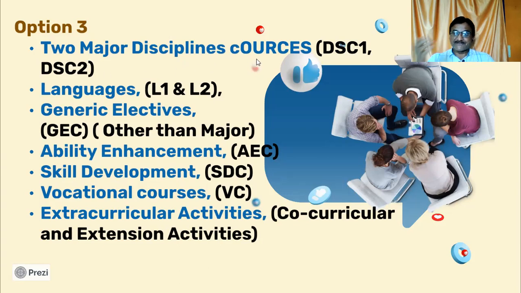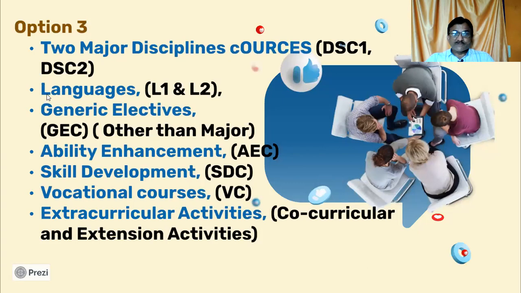Okay, if the student takes one as history and another as economics, they can move forward with respect to the same discipline courses, but each one has the same credit points.